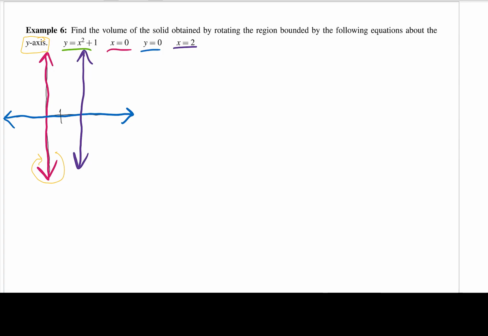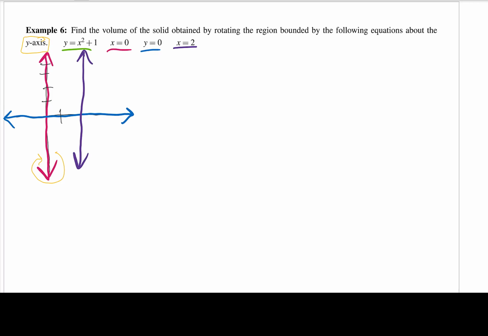And then x squared plus 1, that should look like, let's see, 1, 2, 3, 4, 5.